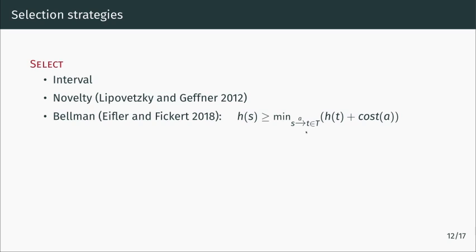If this inequality is violated, we know that the heuristic makes an error, because we can only reach the goal from S going over t if S is not a goal state. So if this doesn't hold, then the heuristic is too low for S, and it might be a good idea to compute an order for S.